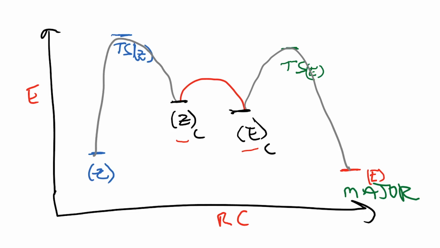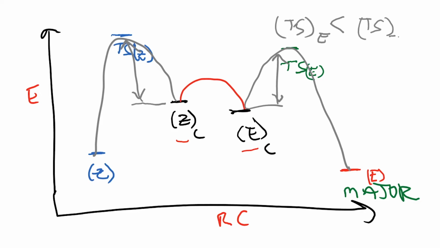Okay, so therefore what we can understand from this is that the transition state of E has lower energy or is more stable compared to the transition state of Z, right?